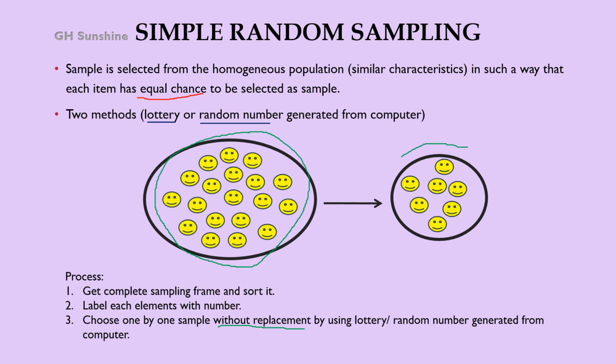So to get these samples, this one has no bias, but requires a lot of time. Why? Choose one by one sample.